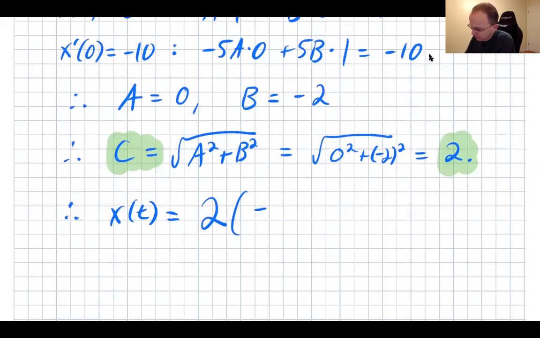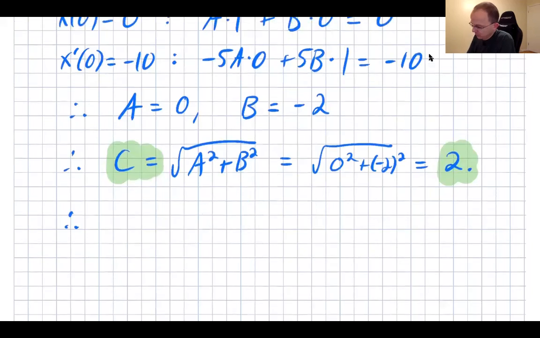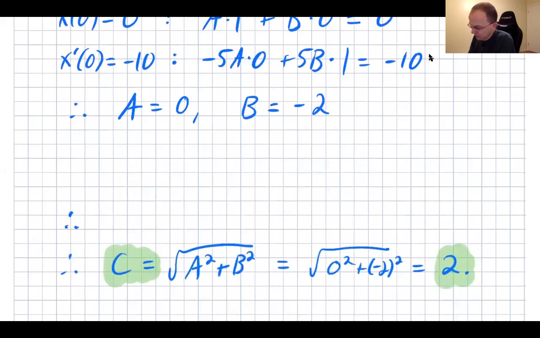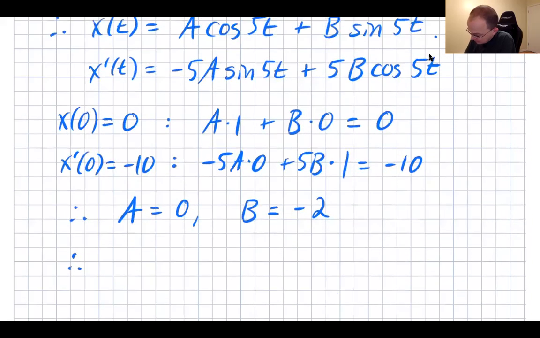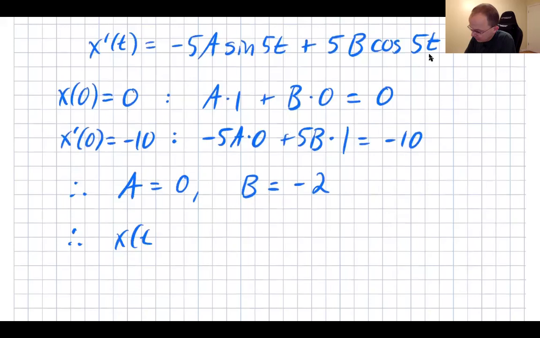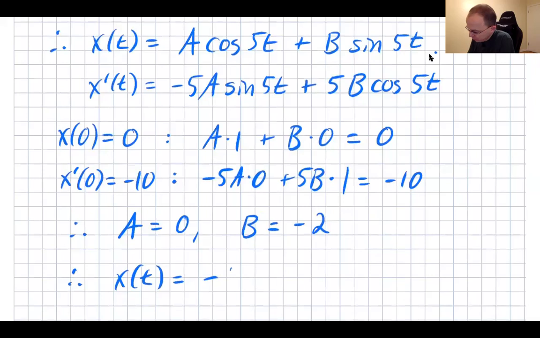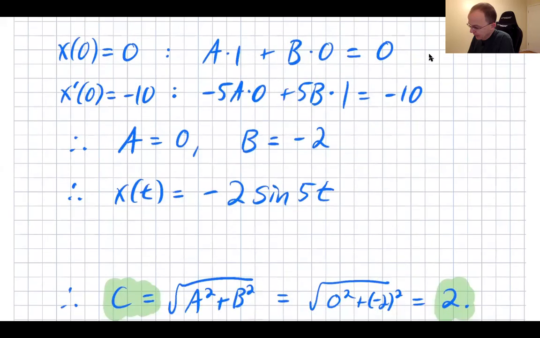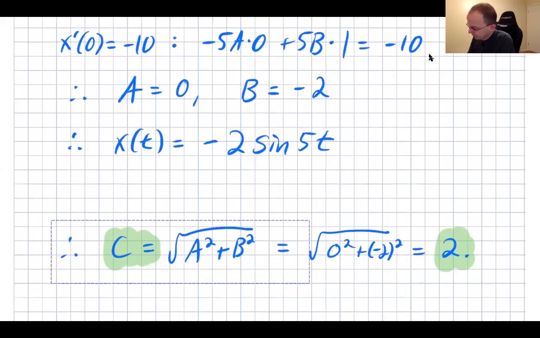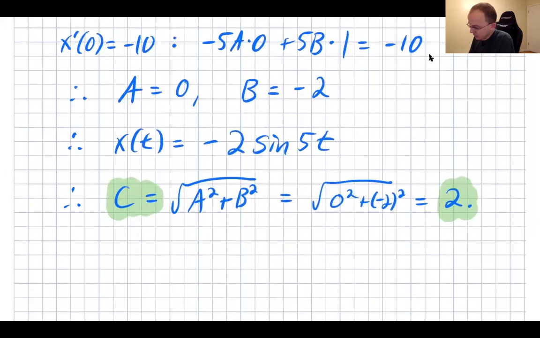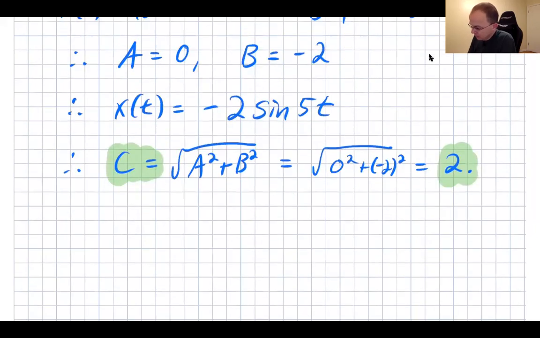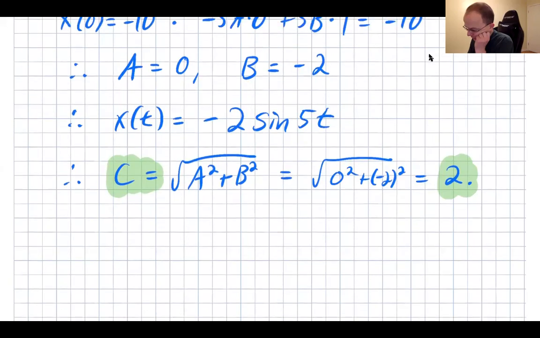So let me write this out step by step first. So first of all, x of t is 0 cosine 5t minus 2 sine of 5t.